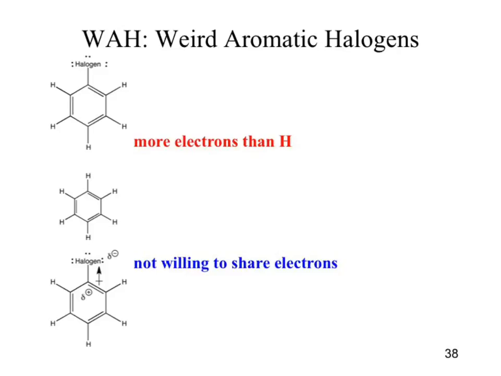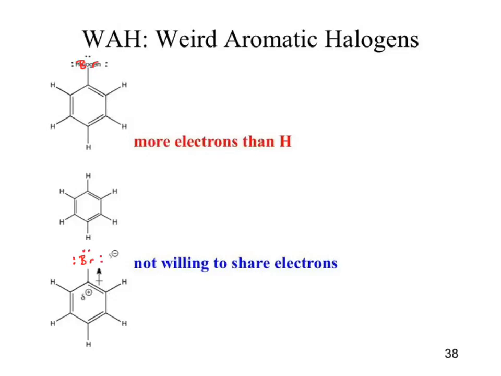Let's pick our halogen. Pick any halogen you want. Chlorine. Okay, I want to pick bromine. Okay, all of those halogens. So if we look at bromine, what does it have? Electrons. Okay, so does that mean it has more electrons or less electrons than hydrogen?